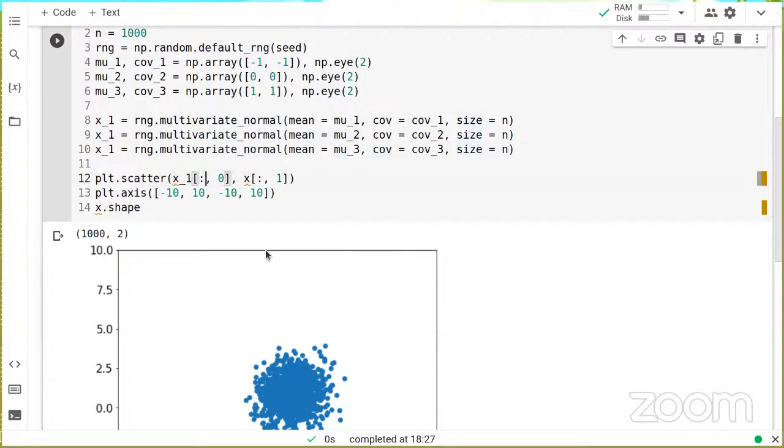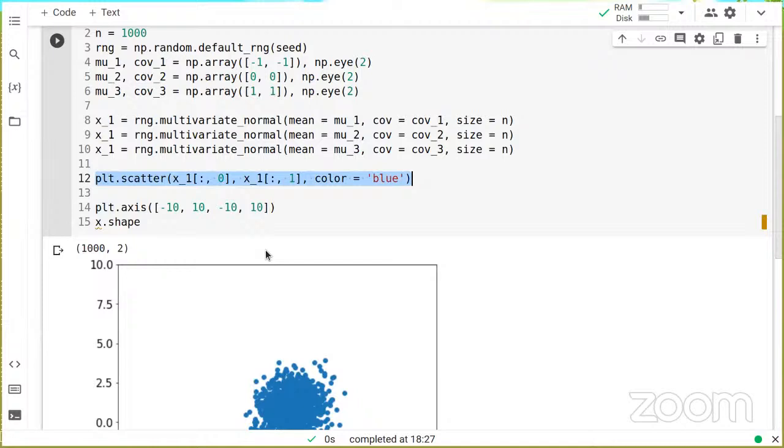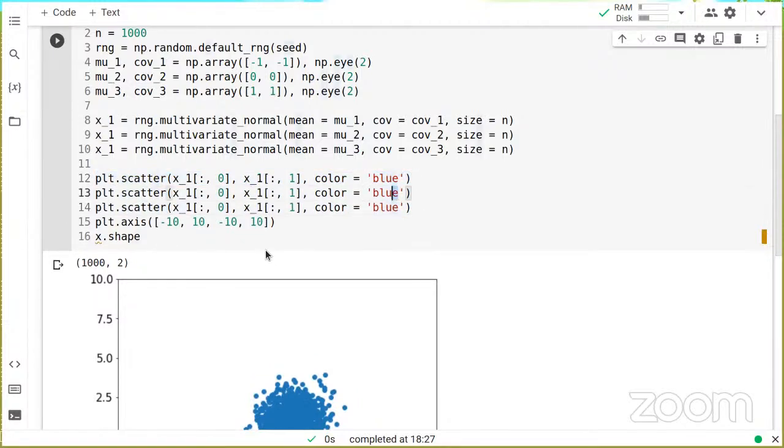Once I generate them, I'm going to plot each of them, and I also need to color them. Let me give them these 3 colors: blue, red and green.